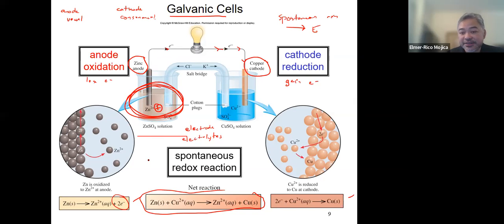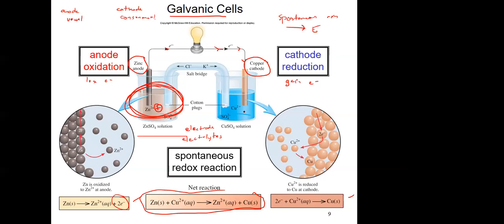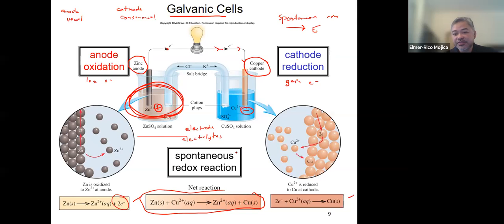Somebody said positive. Okay. Now, on the other hand here, since the electrons are being gained by the cathode, what is the net charge that you have here? Negative. Okay. So that's a negative one. So if you look at it, this becomes mostly positive and this becomes negative. However, that's not what happened.